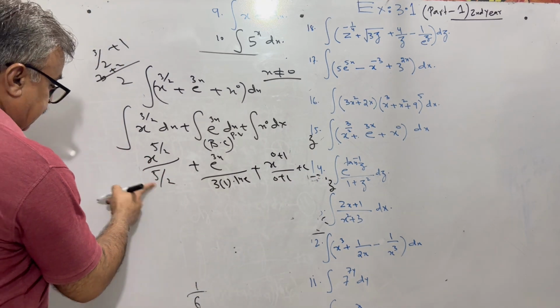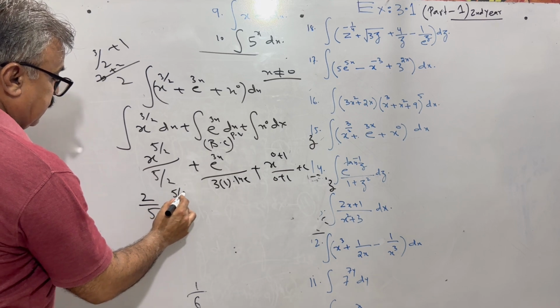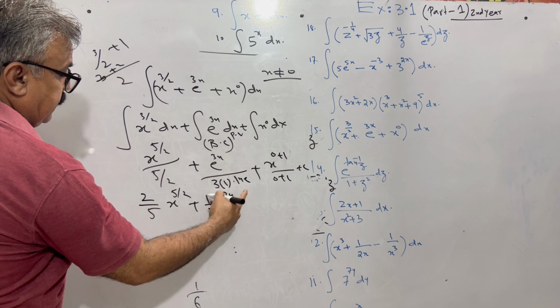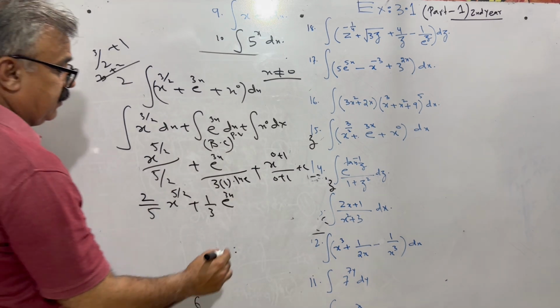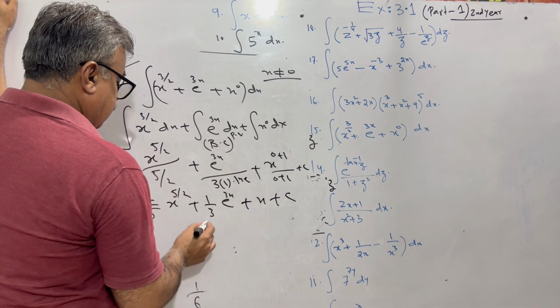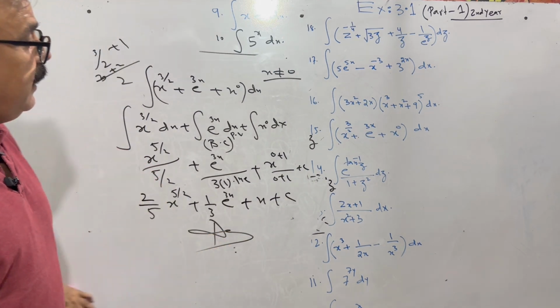So it can be written as 2 over 5 times x raised 5 over 2 plus 1 over 3 e raised 3x, ln e is 1, that's why it's no more, plus x raised 0 plus 1 over 1 plus c. That's our answer in that case.